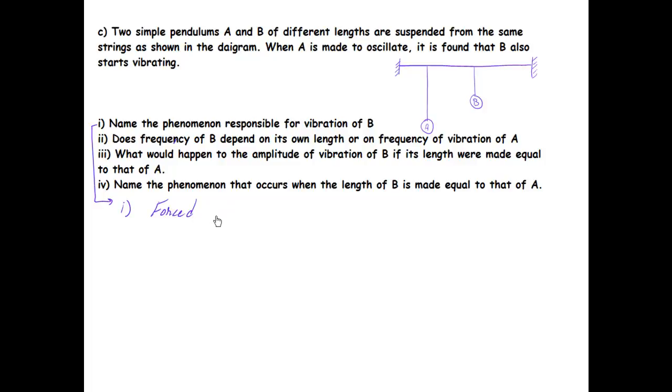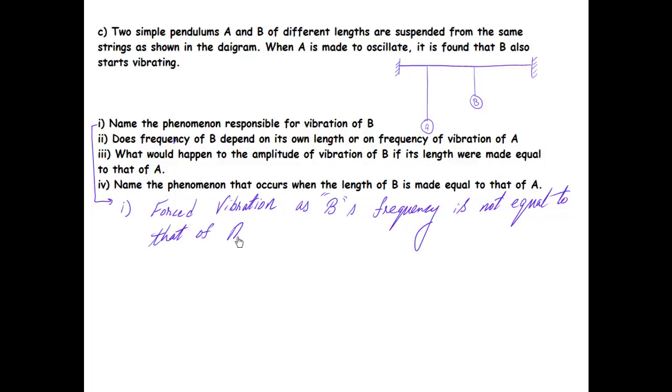And this is especially so because B is not going to vibrate with its own natural frequency but that of A. So B is undergoing forced vibration as B's frequency is not equal to that of A. So basically I am ruling out that there is resonance between them.